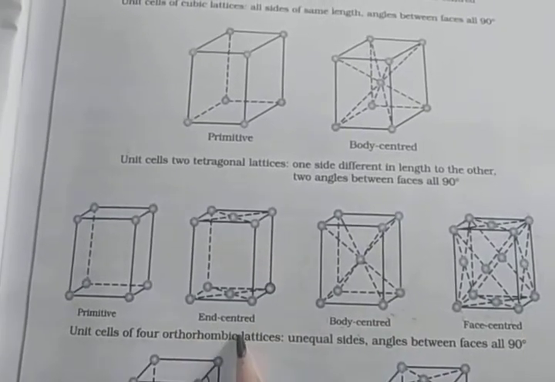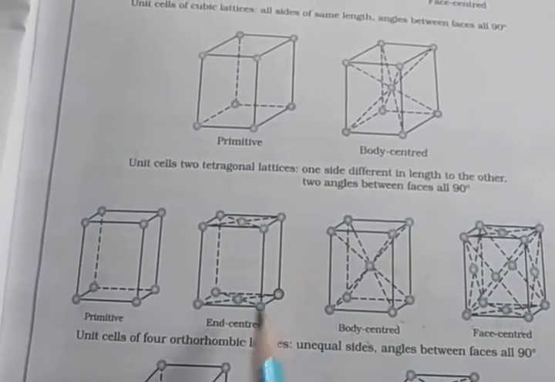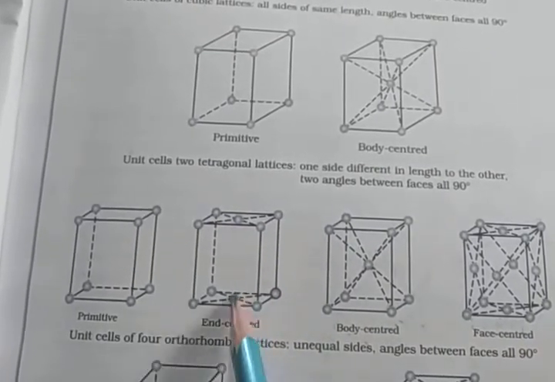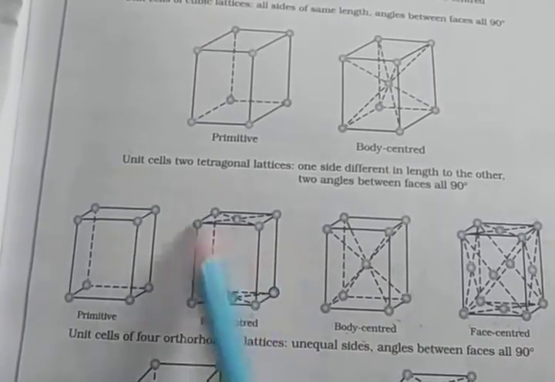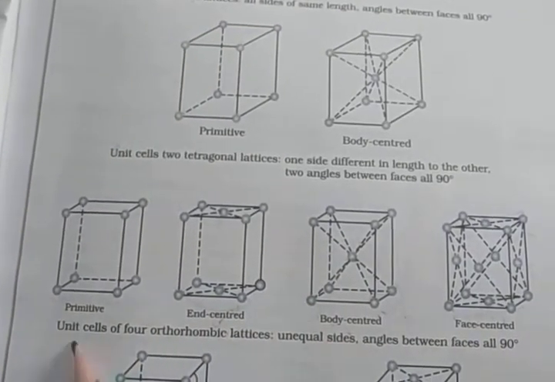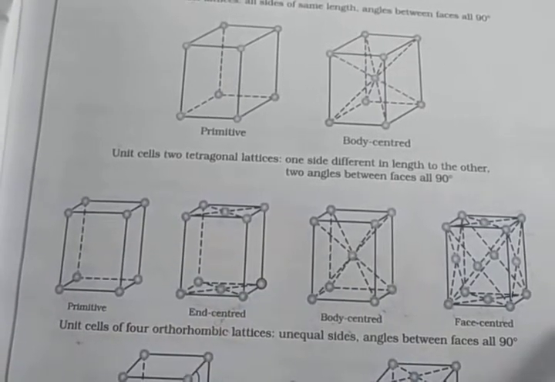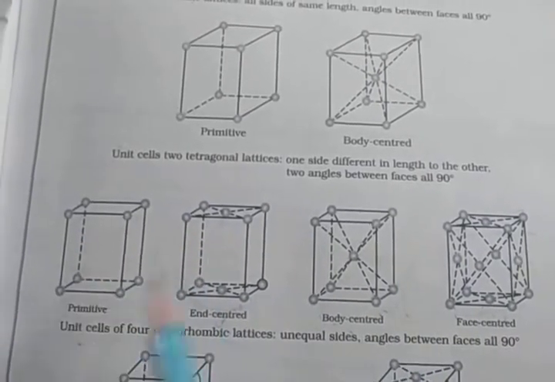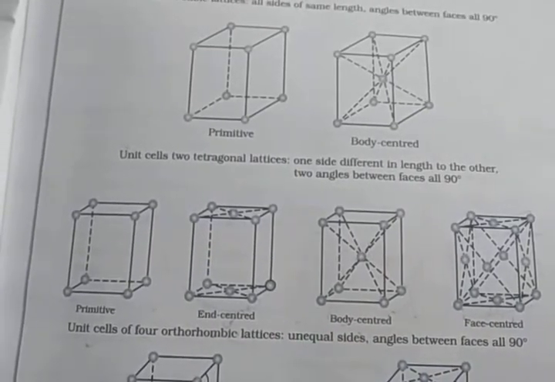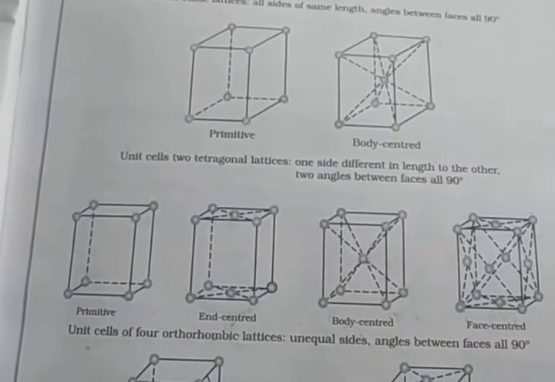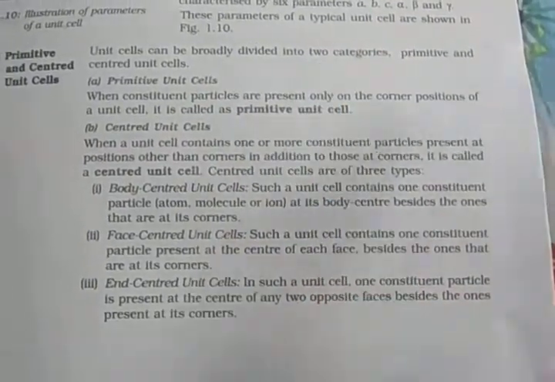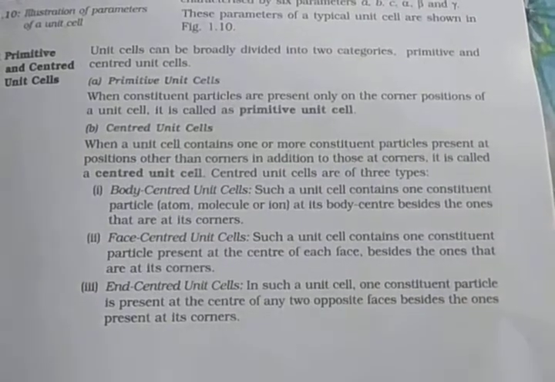And end centered, if constituent particles are present in the center of two opposite faces, it is known as end centered. So there are two categories of unit cell, primitive and centered. Primitive has corners only, and centered is divided into three parts: face, body, and end centered. So a unit cell can be broadly divided into two categories, primitive and centered unit cell.